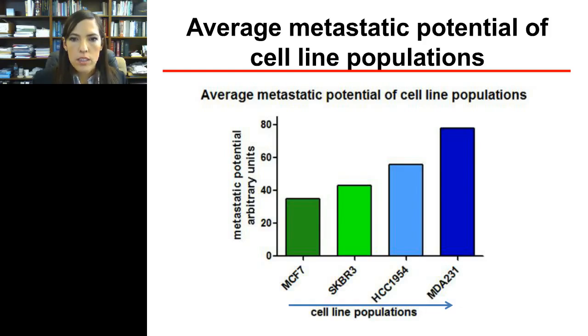Looking at an average metastatic potential of traditionally isolated RNA and then converted to cDNA, looking at a million cells at a time, we see that MCF7 has the lowest metastatic potential, SKBR3 and HCC1954 have intermediate metastatic potential, and MDA231 has the highest metastatic potential. And this confirms what's been reported in the literature about these cell lines.